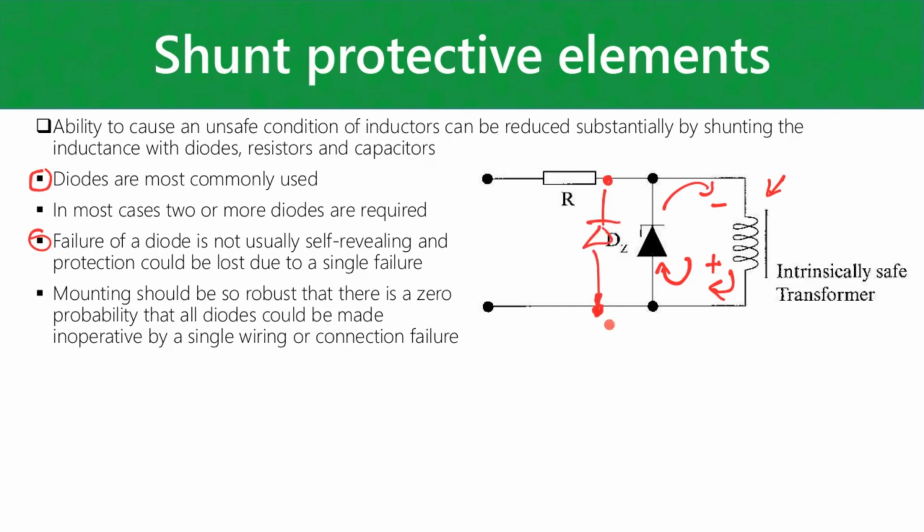So maybe you want to put 2 or 3 diodes instead of just one, so that if one of the diodes fails, the circuit can still operate. Basically you want robustness, and you want the thing designed in such a way that a single problem in your circuit is not going to kill all your diodes all at once. So that's also something to consider. So that's why this is there, essentially just to limit the current.